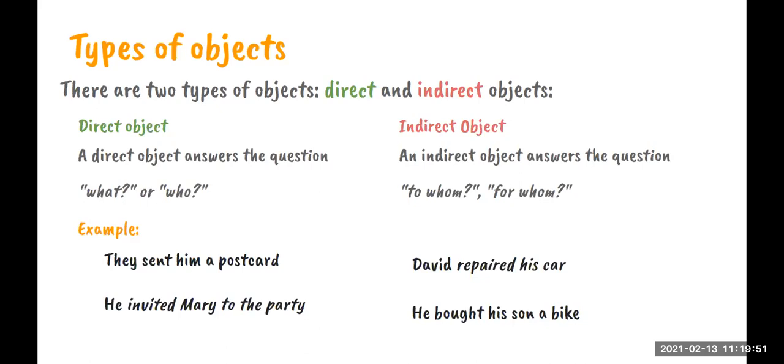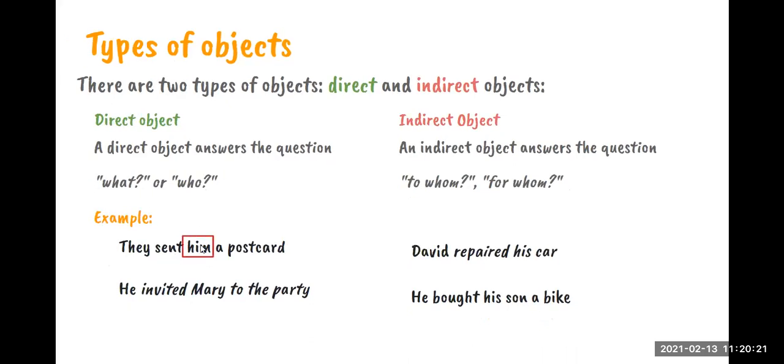No, we are in the first sentence, right? Sentence one. What is the object, guys, in the first sentence? A postcard. Him, teacher. Him is the object. Yes. So that is why it's an indirect object. Why, Diego? Because it answers the question to whom. Okay, yes. So this is an indirect object because it answers the question to whom.